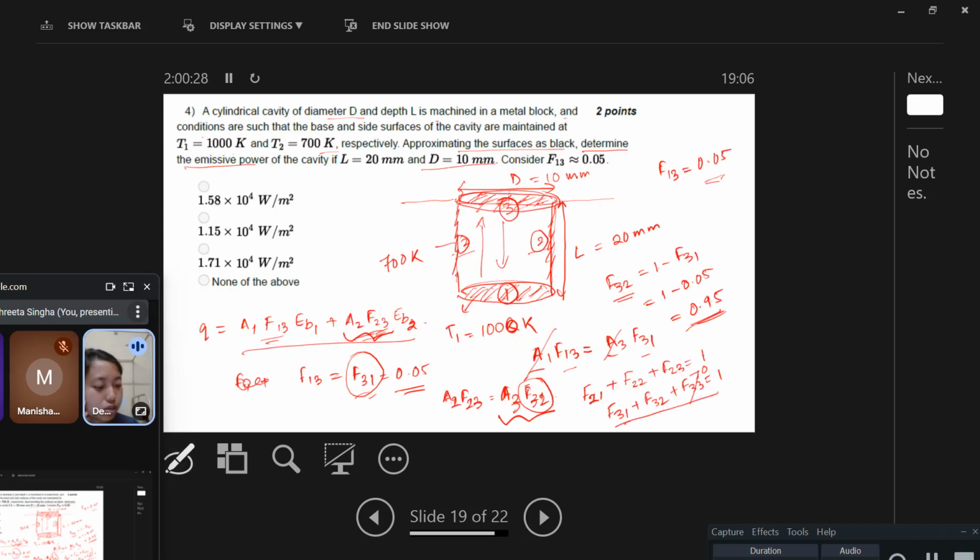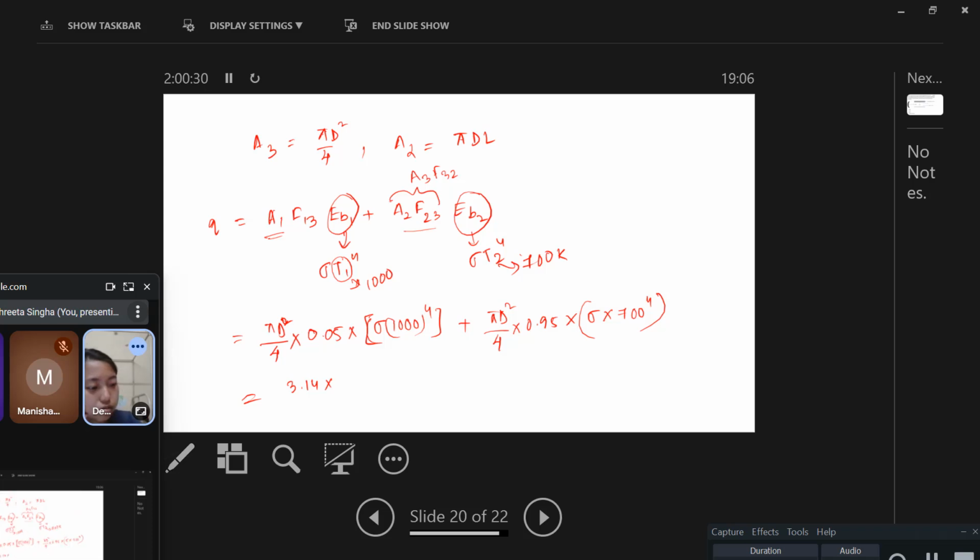D is given as 10 millimeter. Sigma also you can take out: 0.05 into 1000 to the power 4 plus 0.95 into 700 to the power 4.